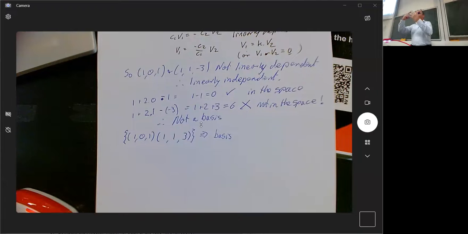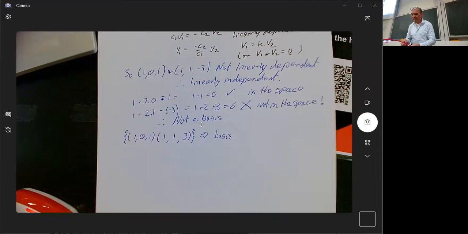So if I'm trying to span all of the space, I need the correct number of vectors. If I've got R4, I need 4 vectors in R4. If I'm claiming it's an orthogonal basis, I could just use the dot product. Because if I have a set of vectors which are mutually orthogonal, that means they're linearly independent.